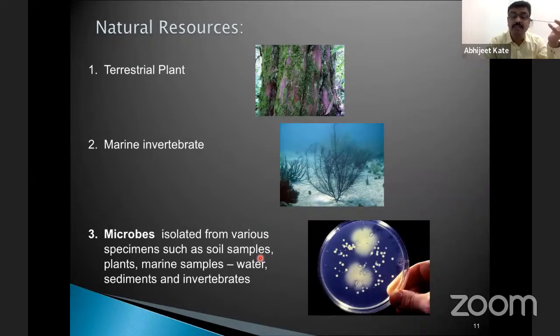Now in the case of microbes, if you have that microbe in your lab, it might be fungi, it might be bacteria, actinomycetes, algae, you can produce them in the lab by fermentation process. You may have different types of fermenters, different volumes of fermenter. And then you isolate those and literally you can produce a mass quantity.